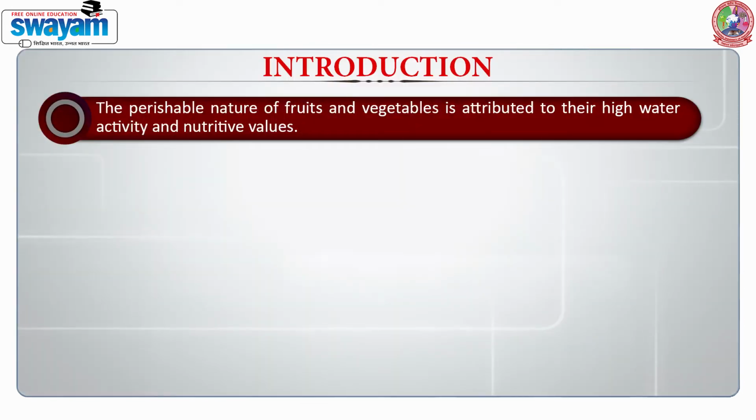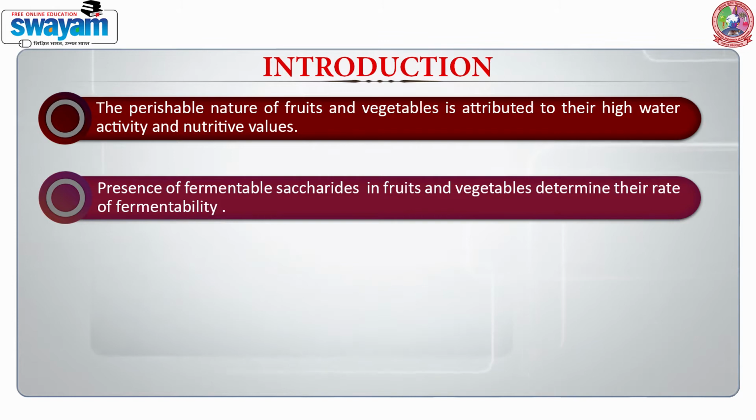The perishable nature of fruits and vegetables is primarily because of their high water activity and their high nutritive value. The presence of fermentable saccharides in fruits and vegetables determines their rate of fermentability.